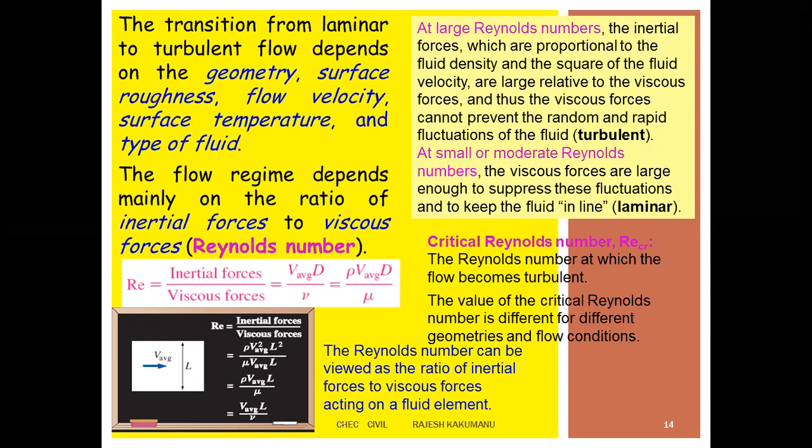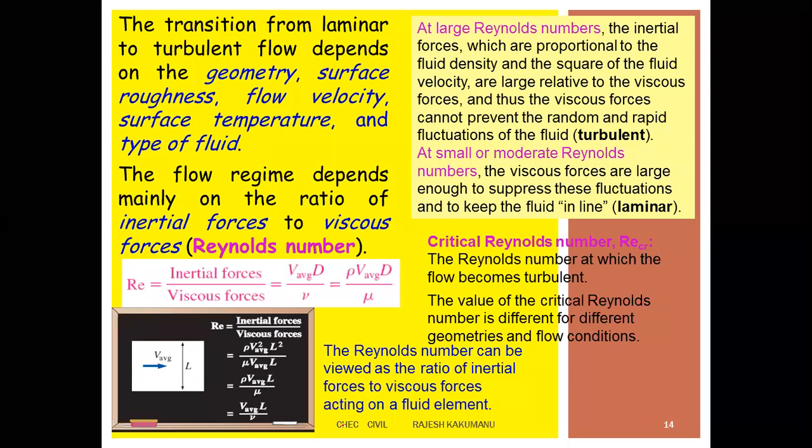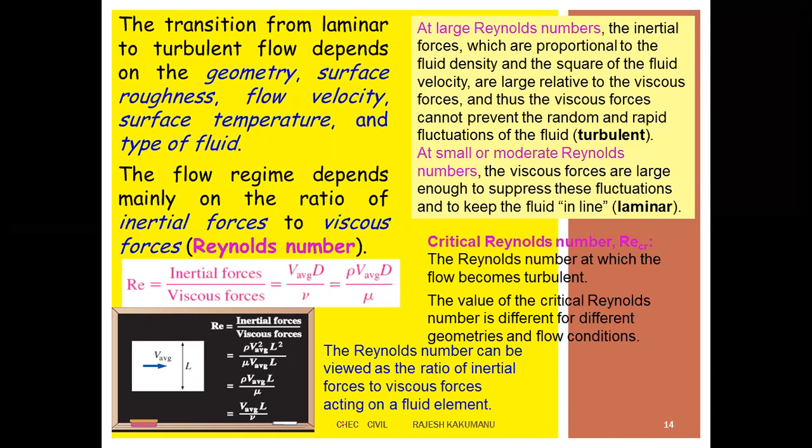Okay, the transition from laminar to turbulent flow depends on what? It depends upon the geometry of the tube, surface roughness, flow velocity, surface temperature, and the type of fluid.